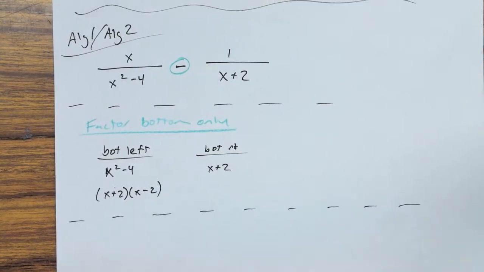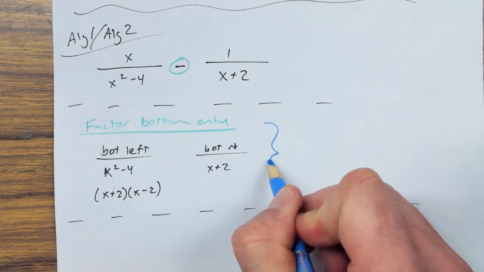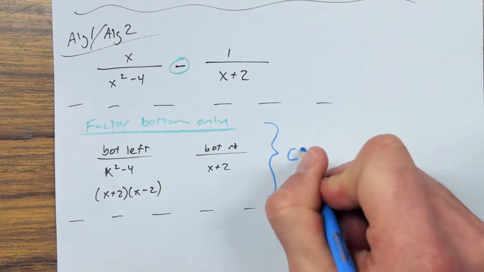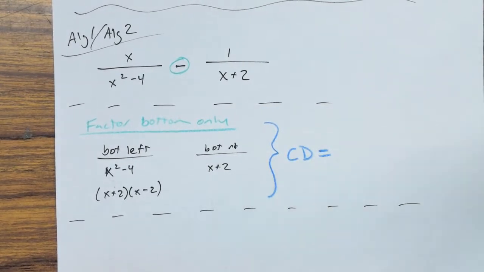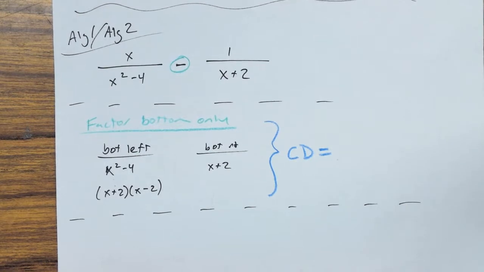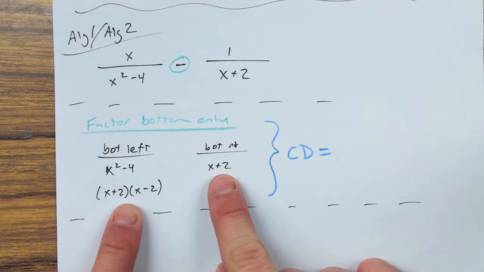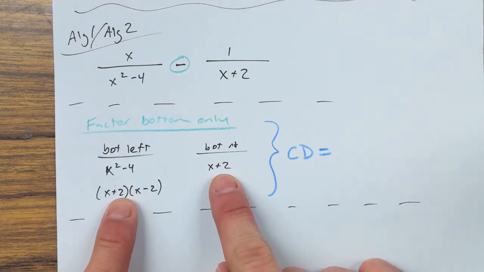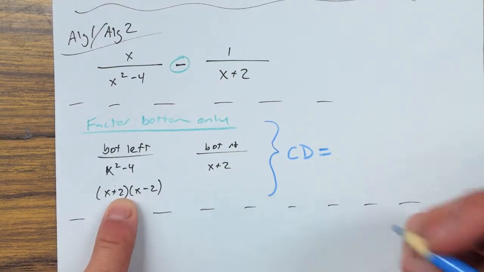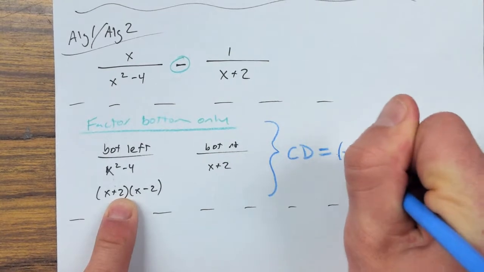But the reason why we want to factor the bottom only is because factoring the bottom makes us see what the common denominator is going to be. What do both bottoms have in common? They both have an x plus 2.